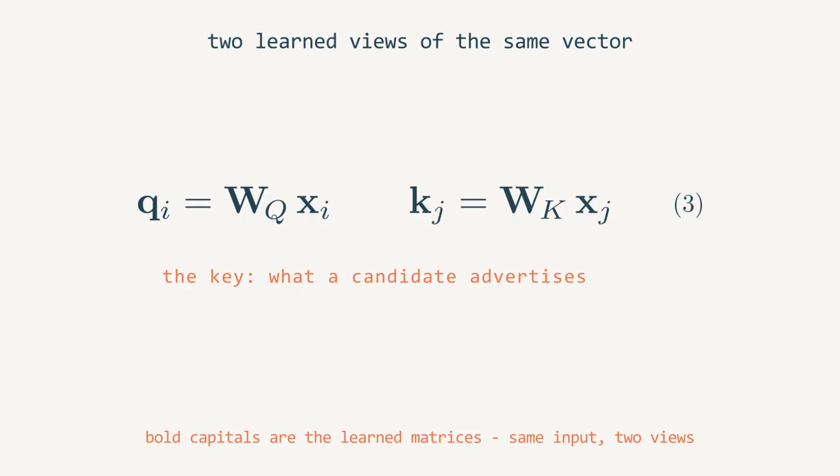Gradient descent works out that pronouns should query for nearby concrete nouns because doing so lowers the loss. Same input vector, two different learned views of it. And now we score query against key rather than vector against vector, an asker's question against an advertiser's pitch. That's Q and K. They exist because one vector can't play both roles.